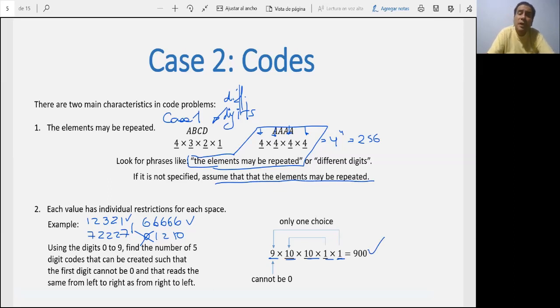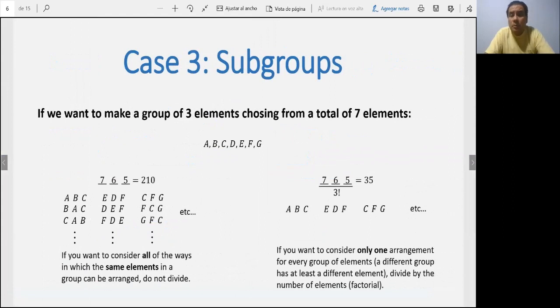All right, let's consider the case number 3, subgroups. Let's say, for example, that they ask you to make a group of 3 elements, choosing from a total of 7 elements, the 7 letters from A to G. Okay, we could set the 3 spaces and analyze the number of options. The first of these 3 letters, I could choose from the 7 elements, so any of them could be.